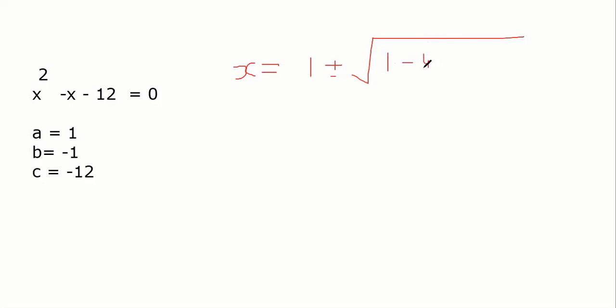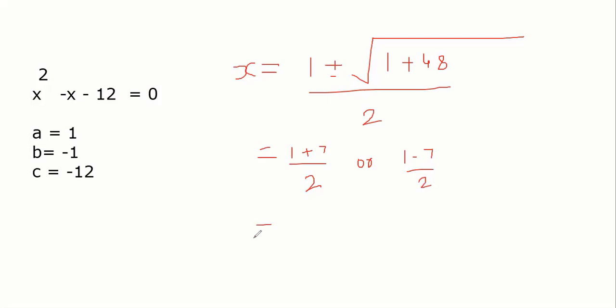Plus 48. Very good. 48 divided by 2. So what value will come? 1 plus or minus 7 divided by 2. 1 plus 7 divided by 2 will come, and 1 minus 7 divided by 2 will come.